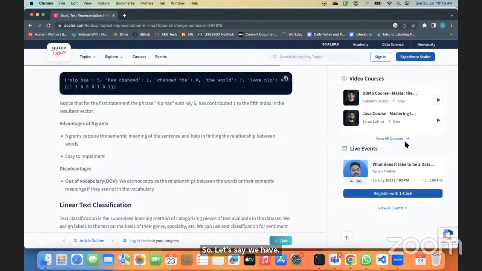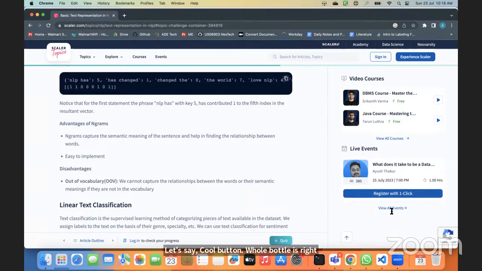Let's assume the same case: "I am cool", "the bottle is", and "bottle is cool". These all have the words I, am, cool, bottle. Let's say we have another bigram, "cool bottle". Cool bottle is, right?